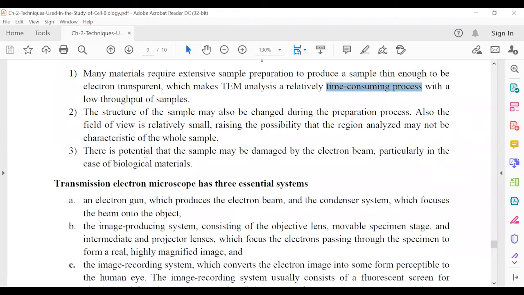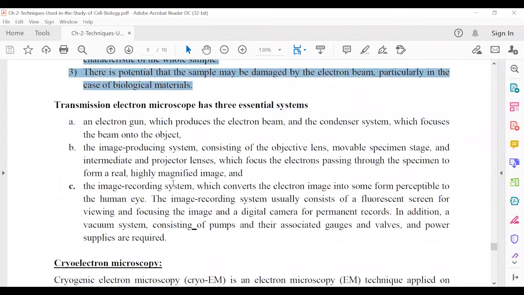Point 3, the sample may be damaged by the electron beam, particularly in the case of biological material. When we use biological material, sometimes it will be damaged, so this technique needs careful handling and precaution.